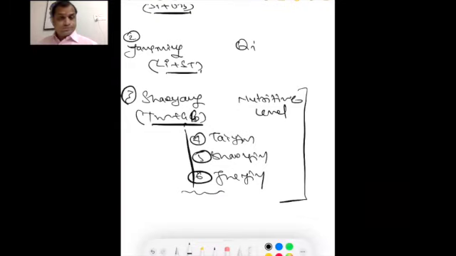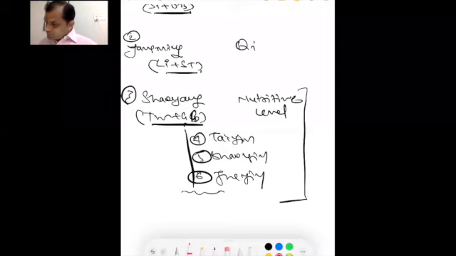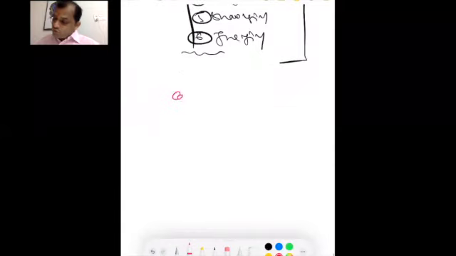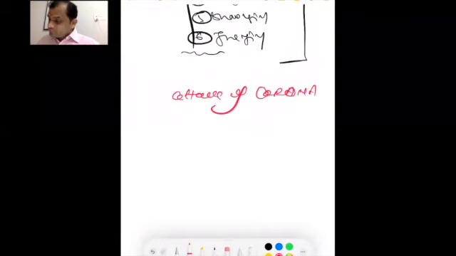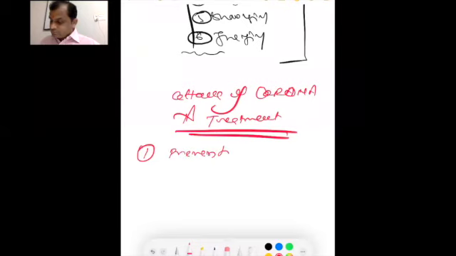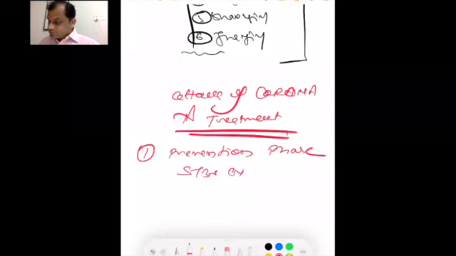Now suppose we talk about the attack of corona and the treatment. So first I told you the prevention phase: stomach 36, CV6, CV12, moxa.